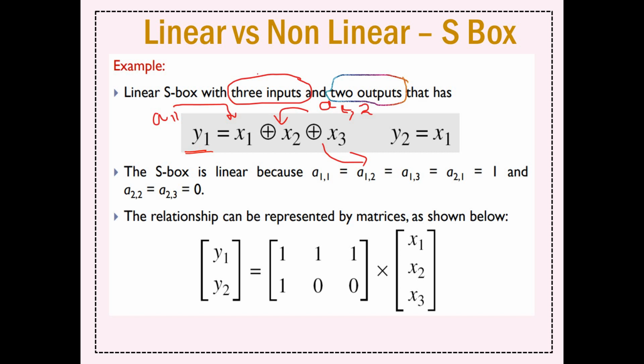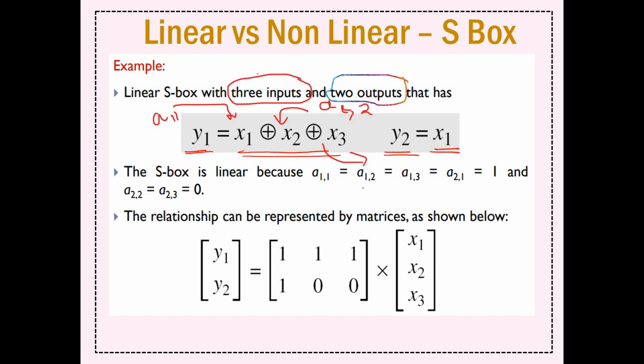So it's basically similar to the compression P box, but we are dealing with a more generic, more dynamic box, or a black box if you say, which will go on changing its configuration as per our requirement. So in this case, there are 3 inputs and 2 outputs, and the outputs are y1 and y2. And the generic equations are given by a linear relationship of x1, x2, x3 with XOR operation. And the second one only has an x1. That means the coefficients a2 and a3 of the second one are 0.